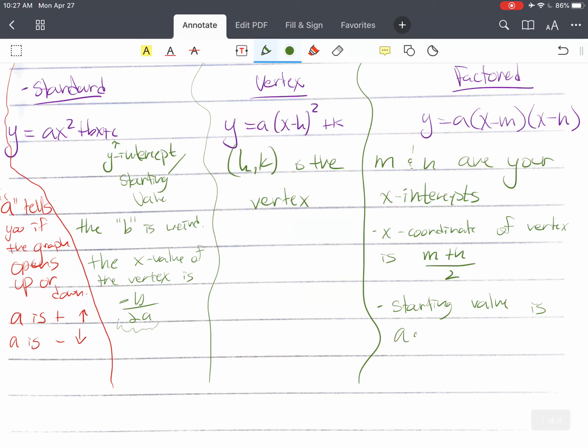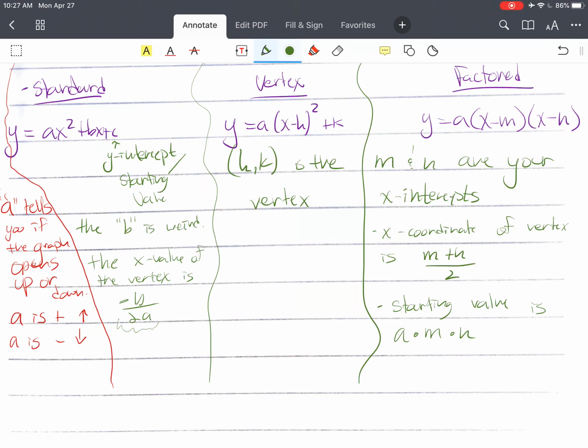Your starting value is, watch, A times M times N. You end up multiplying all three numbers to figure out what your starting value is. And remember, the starting value is just your y-intercept.